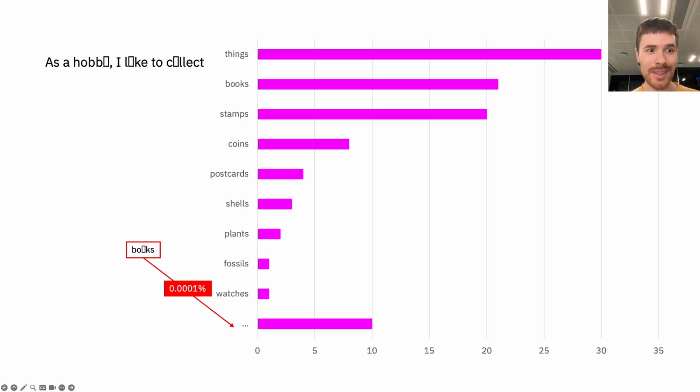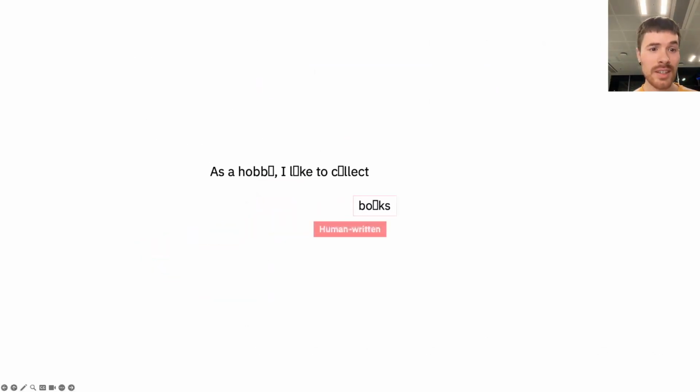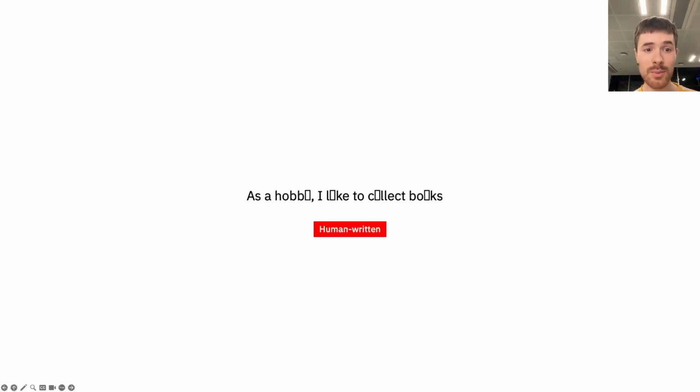Well, it's super unlikely because the system would never write this very strange word that I don't really know what it is, right? So suddenly the text becomes very surprising for the model, which essentially means that it's going to be classified as human written. If the text is not surprising, it's AI written. If the text is surprising, like here, it's human written. So that is probably going to have an effect on systems that are based on perplexity.